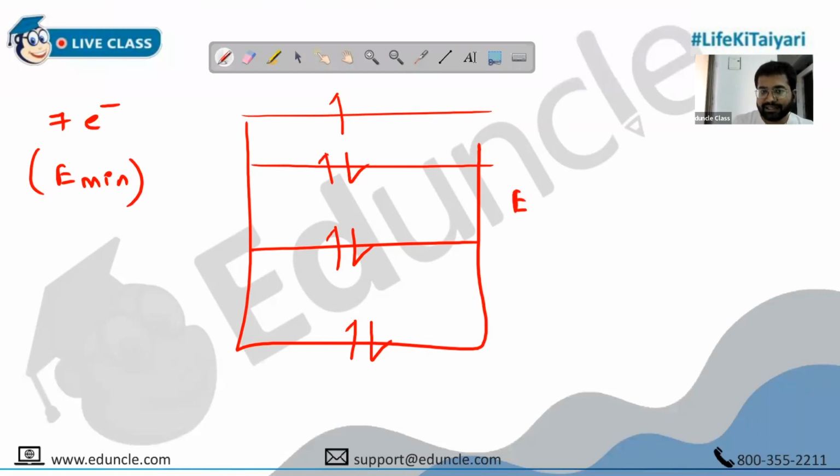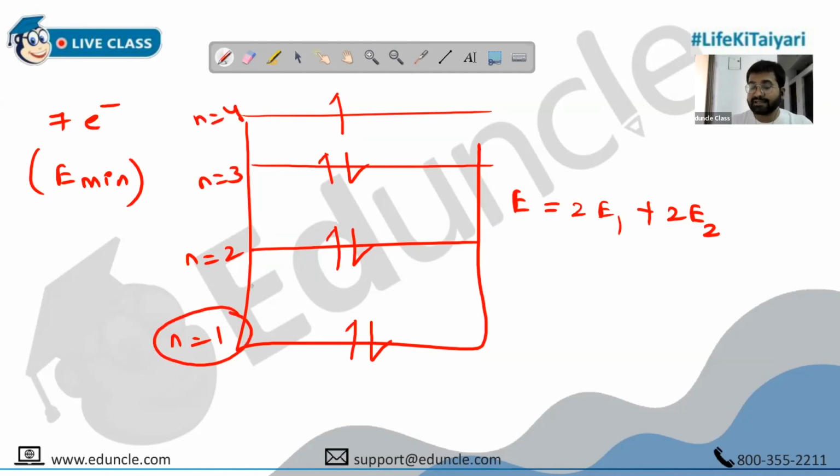Okay? So our energy becomes: 2 are in the ground state, so 2 E naught, sorry, here we have E1, 0 does not exist. So 2 E1, then 2 are in the first excited state. Remember, this is n equals 1, this is n equals 2, n equals 3, n equals 4.